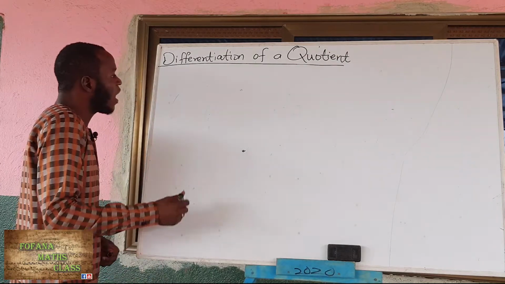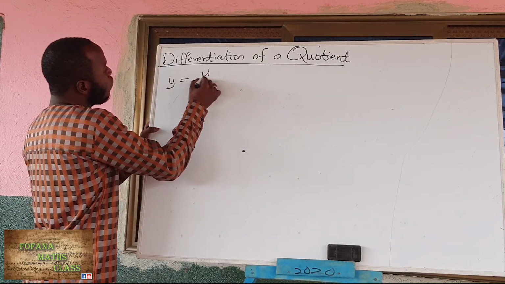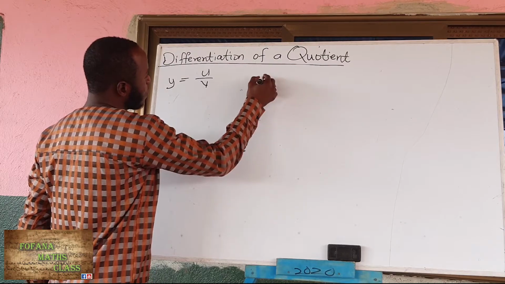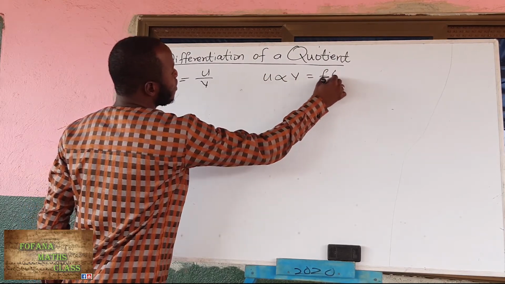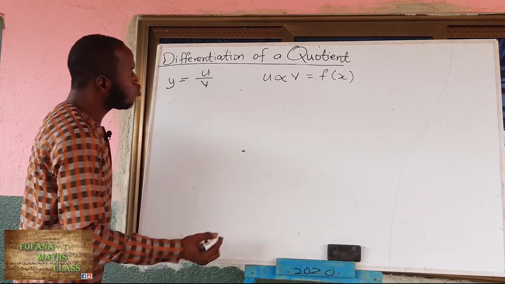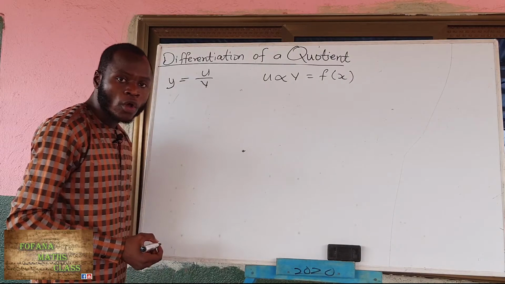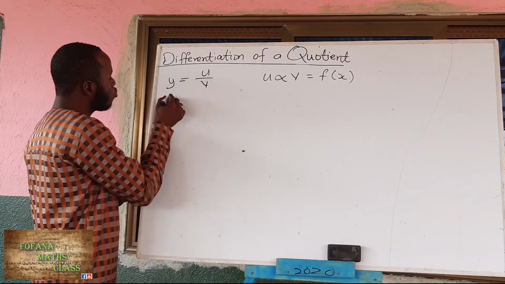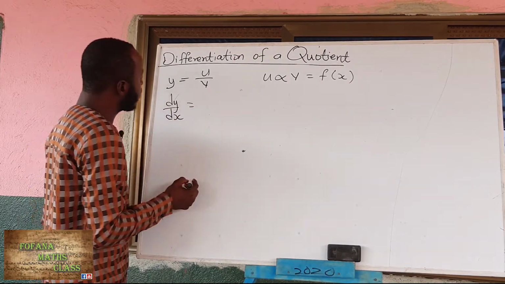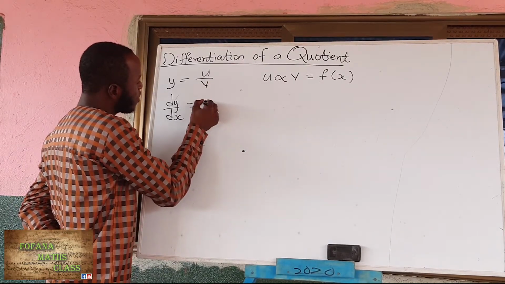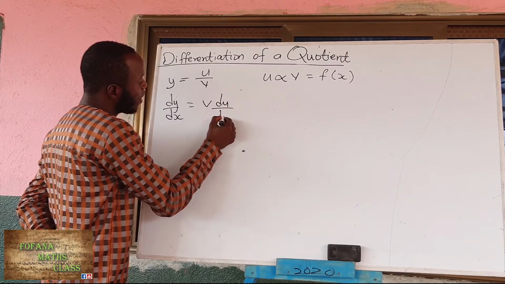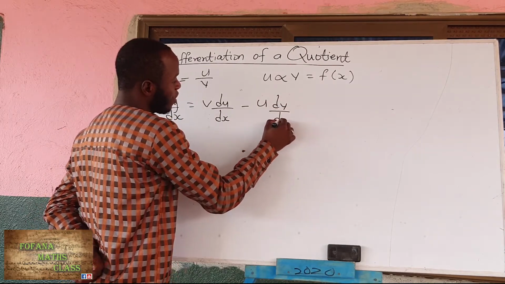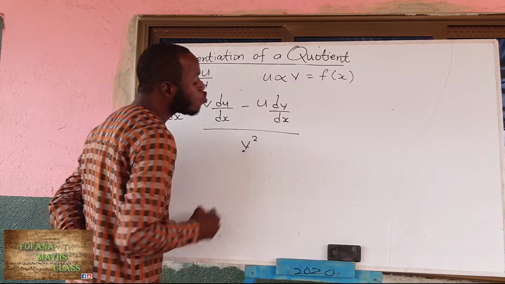Now with the quotient rule, if you have a function y equals u over v, where u and v are functions of x, and you want to find the derivative or the differential coefficient of such a function, the formula to use is this: you keep v, then you differentiate u with respect to x, then minus, you keep u, then you differentiate v, all over v squared.